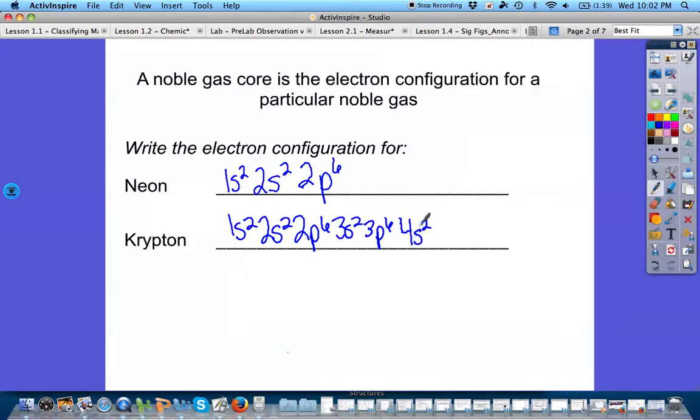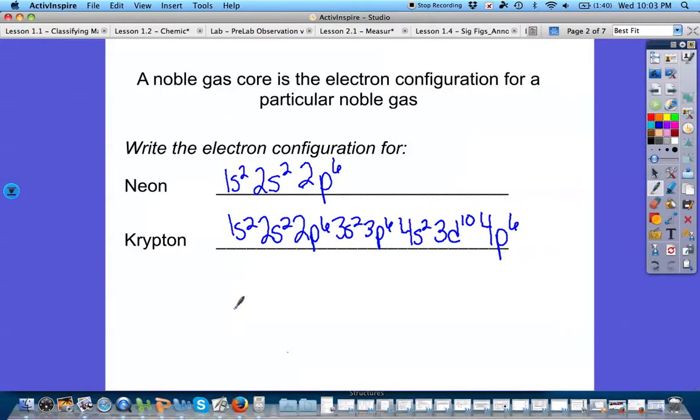Then we got to go through the D block, which starts at energy level 3, 3d10, and then we go to the P sublevel, which goes back to energy level 4, 4p, and we need to go all the way through the P block, so 4p6.